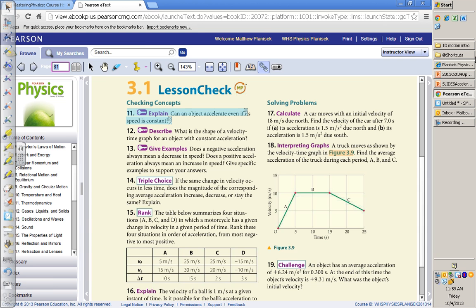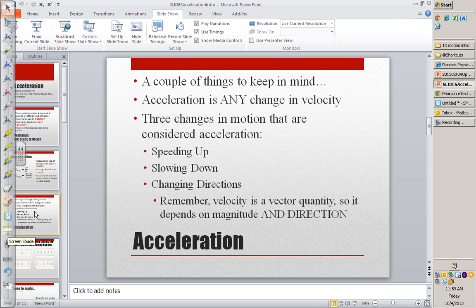Those two things would definitely count because those are definitely changes in velocity, but changing directions is also a change in velocity because velocity is a vector quantity. It has both magnitude and direction. So even if you're going a constant speed, if you turn and go a different direction, that is a new velocity. So that counts as acceleration. Good there, at least conceptually to begin with? Okay.